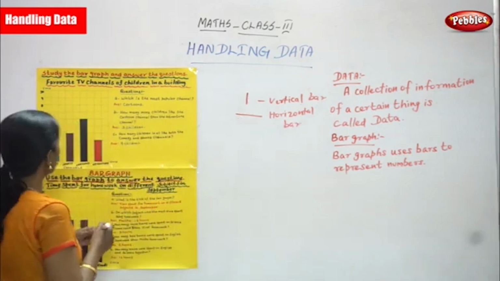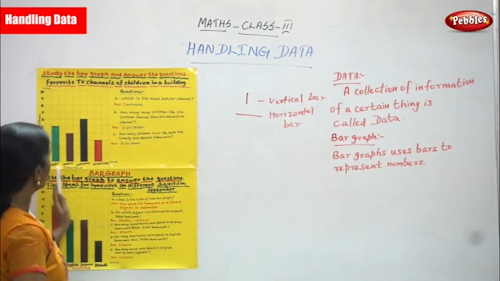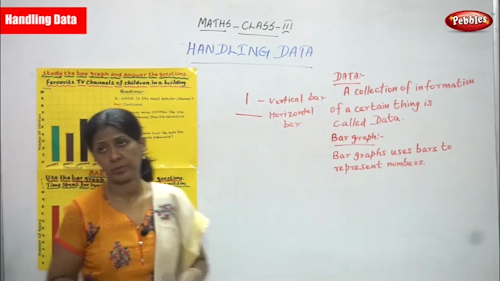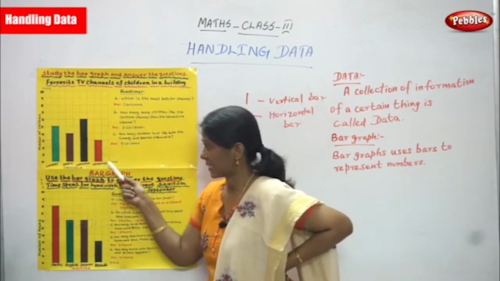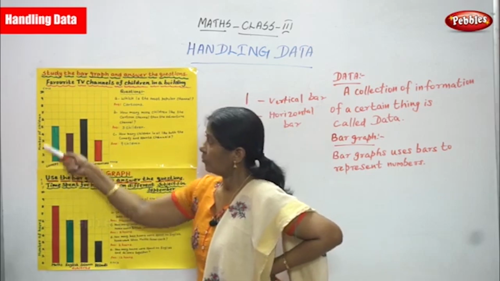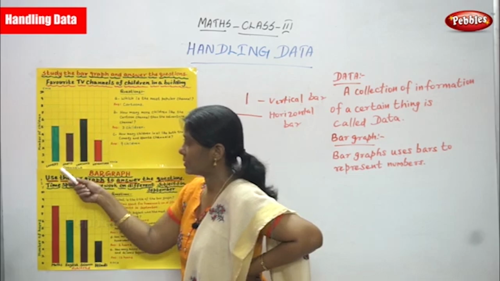This is the x-axis and this is the y-axis. On the x-axis we have taken the channels, and on the y-axis we have taken the number of children. The horizontal line we consider as the x-axis and the vertical line as the y-axis.